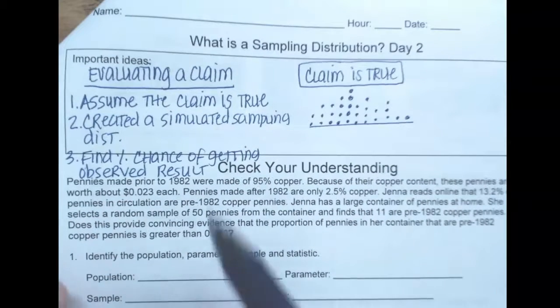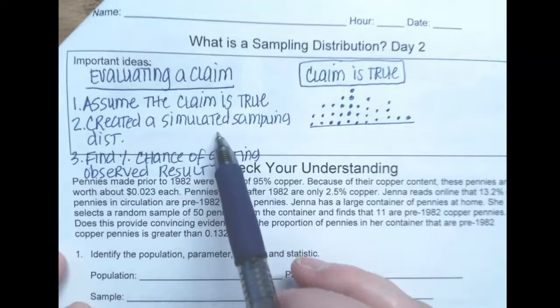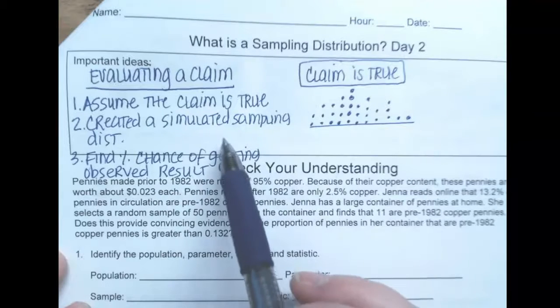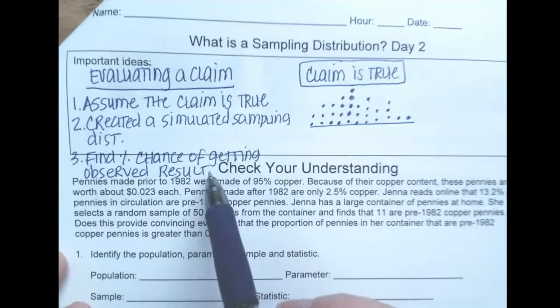So we're going to take this information. We're going to assume the claim is true. We are going to create a sampling distribution, or oftentimes the sampling distribution will be given to you. And then we're going to find the percent chance of getting the observed result.